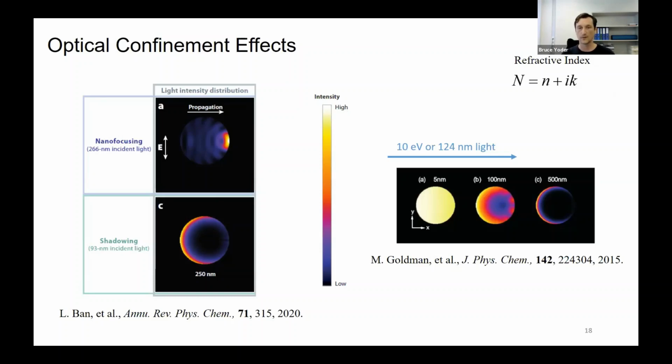In the right-hand figure, we can also change light intensity patterns inside of dielectric particles by simply changing their size. Here, we see calculated light intensity patterns generated by interacting 10 eV or 124 nanometer light with different size particles: 5 nanometer radius, 100 nanometer, and 500 nanometer radius.